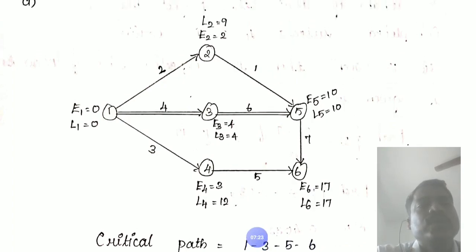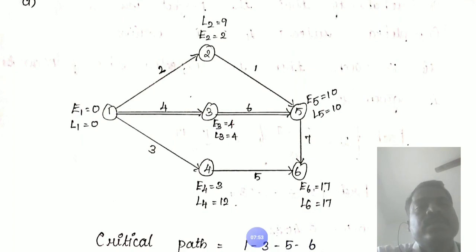Then E2, the earliest time of node 2 of activity 1 to 2, equals the earliest time of the previous node. Therefore E1 equals 0 plus the duration of activity 1 to 2. Therefore 0 plus 2 equals 2. Next, E3.